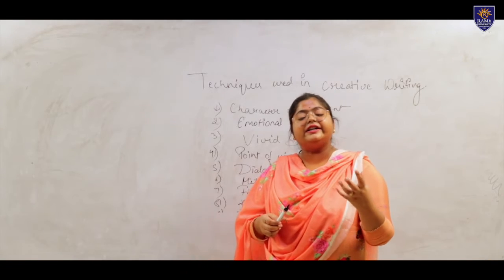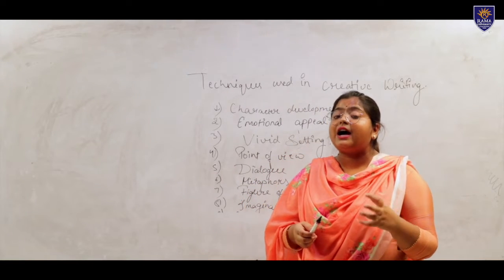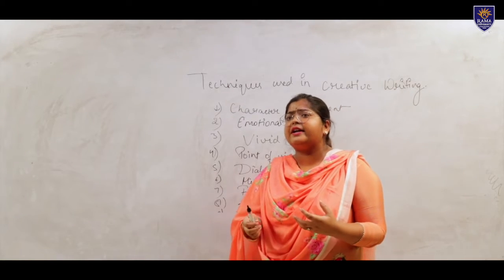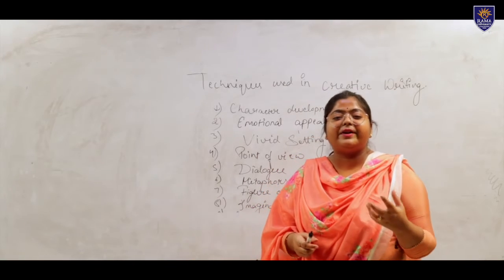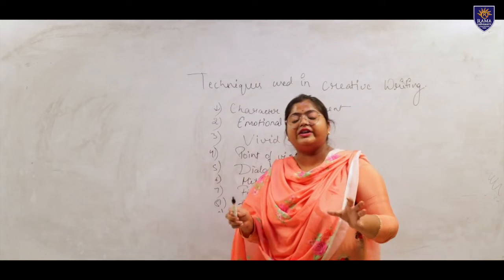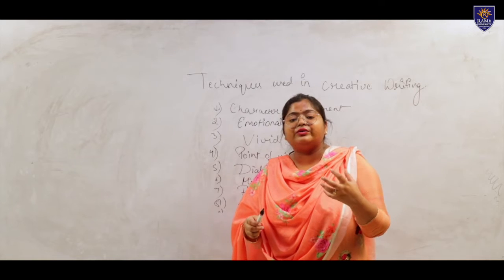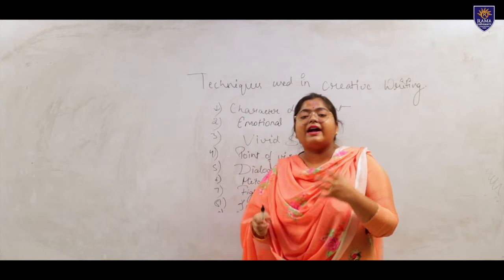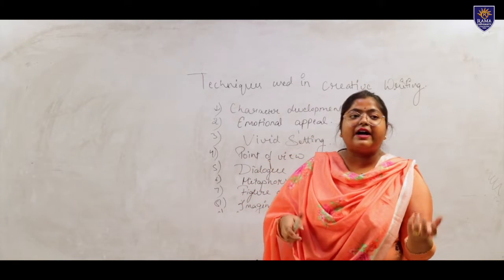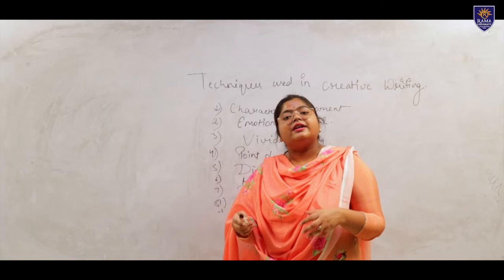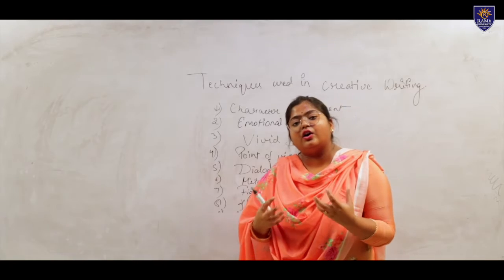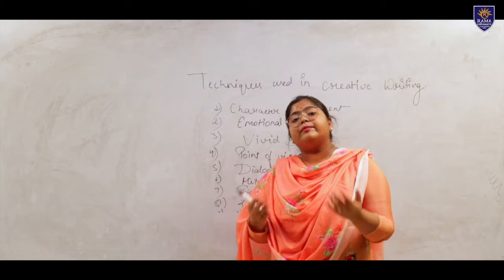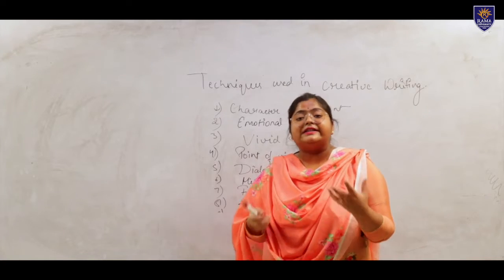If the novel is very sad and very emotional, the reader feels pressed to read the whole story and think about why a character does this and why that character does that. This is called emotional appeal. We appeal to our audience to connect with our story very easily.